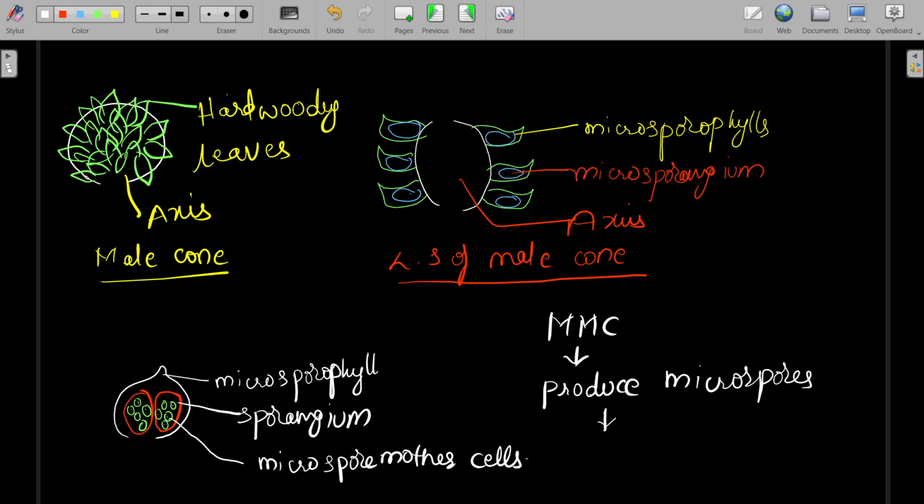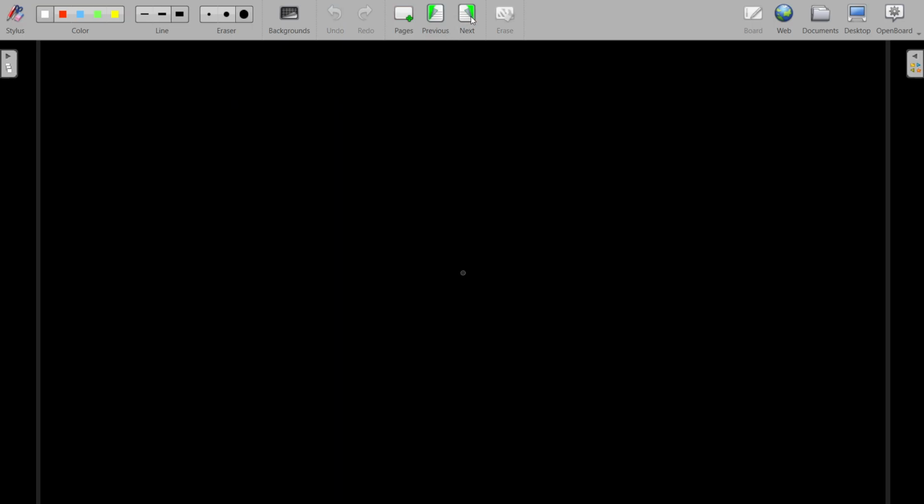And then these microspores change to pollen grains. These pollen grains look somewhat like this.